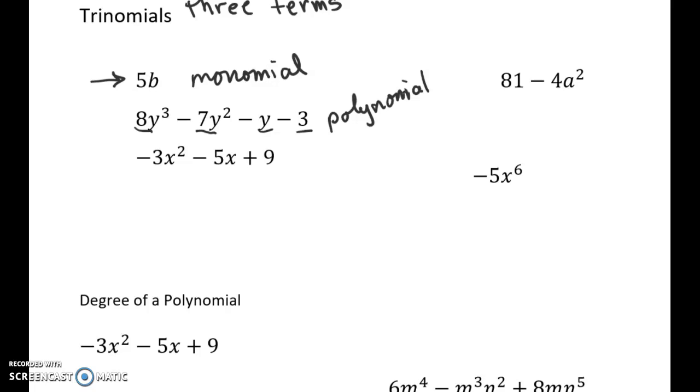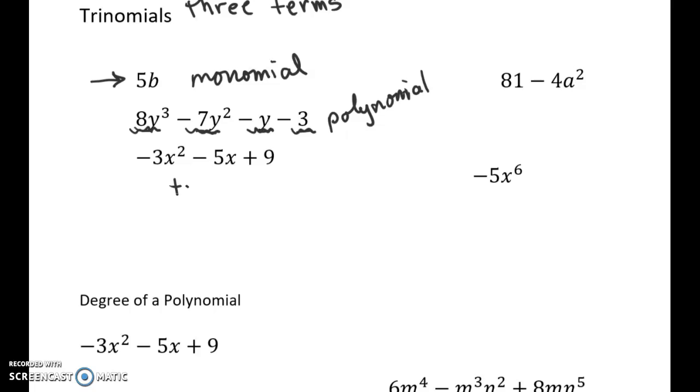Now, if we look at this first term, we could say the coefficient on that term is 8. The second term has a coefficient of -7. The third term has a coefficient of -1. And the last term is our constant here, which is -3. Now, it's very important that you look in front of the coefficient or the constant to decide whether it's positive or negative. All right, let's go to the next one.